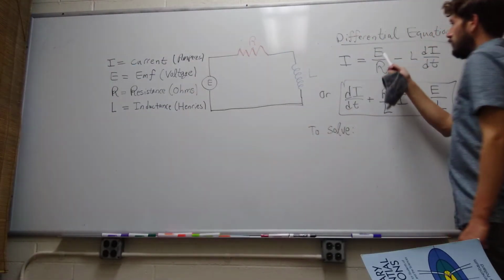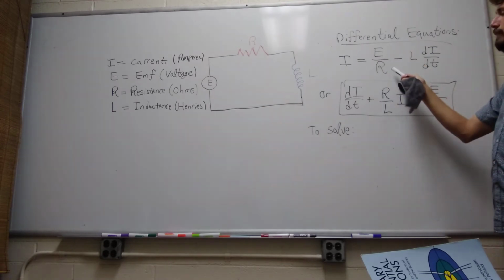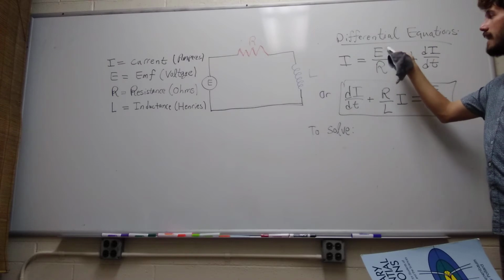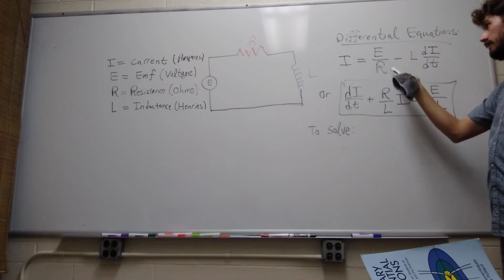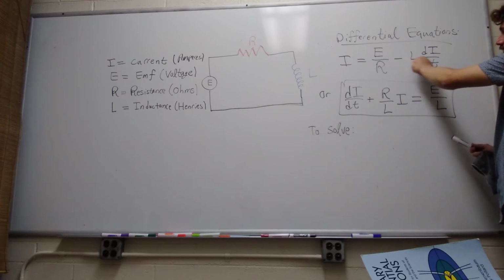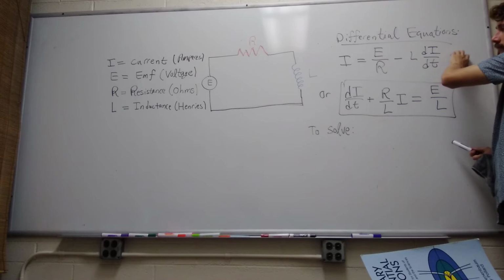The current is equal to the voltage divided by the resistance. So higher resistance means lower current. Higher voltage also means higher current if the resistance is kept constant. We're subtracting the inductance times the derivative of the current.